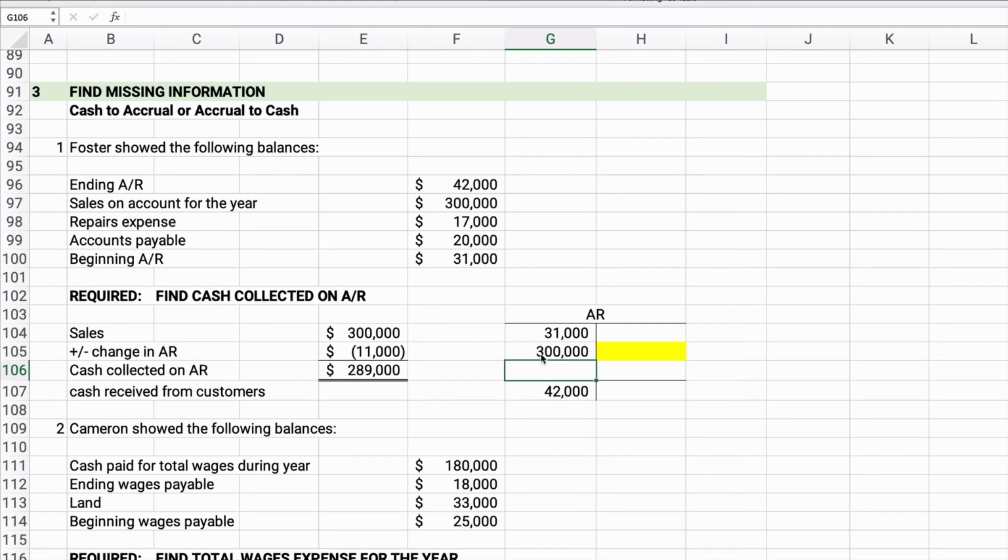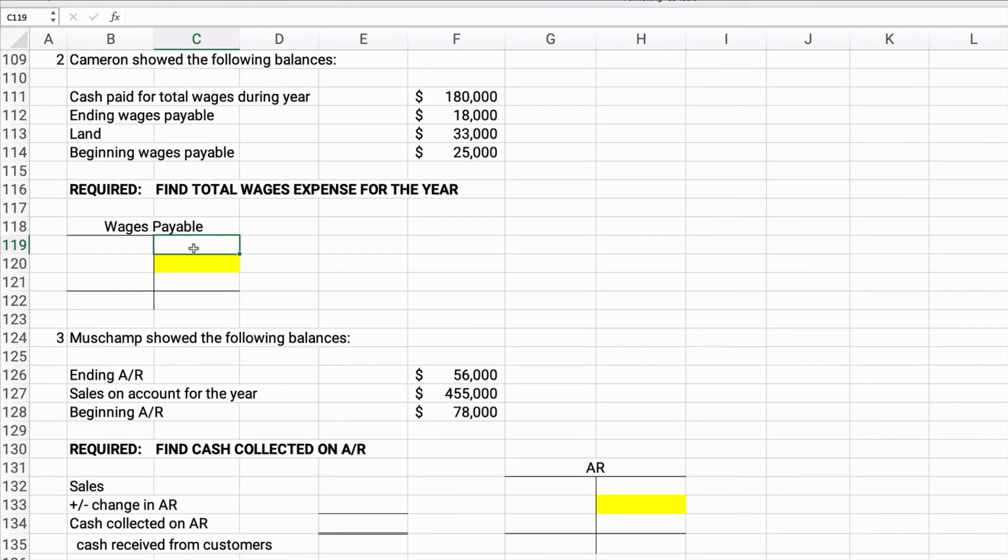Remember that transaction? All right, here's how you do this number. You have $31,000 at the very beginning and $42,000 at the end. You know you debited sales of $300,000. We're going to start with the 31,000 plus the 300,000 minus the 42,000, and we're left with, well, we must have collected 289,000 to make it all work out.